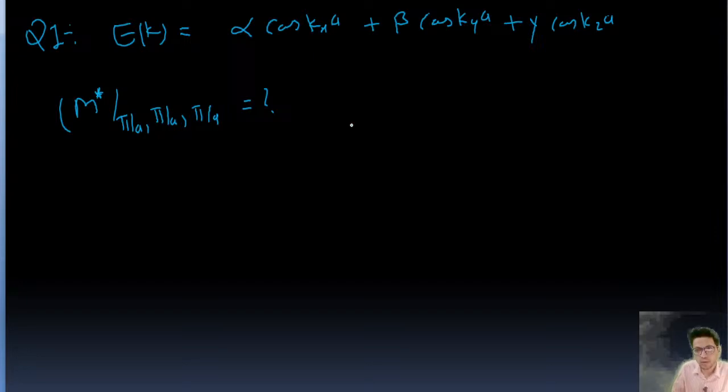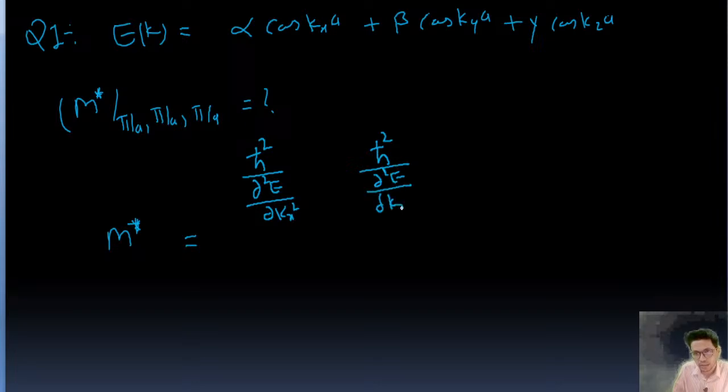The simple formula for m star we know: m star equals h cut square upon del square E upon del k square. But since it is in components, the formula is a matrix: h cut square upon del square E upon del kx square, then h cut square upon del square E upon del kx ky.